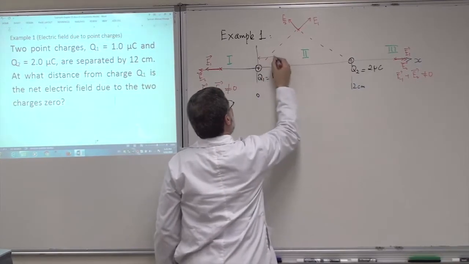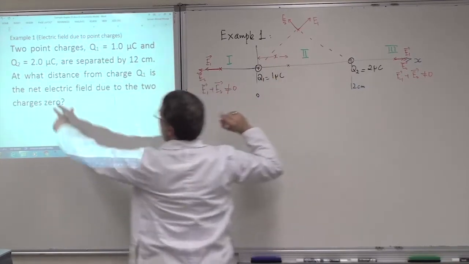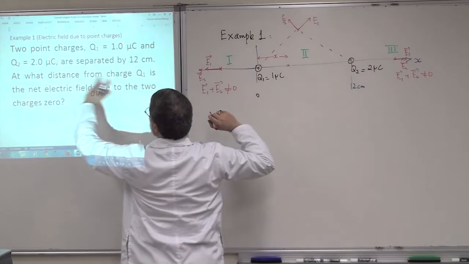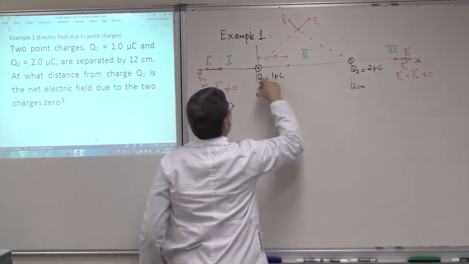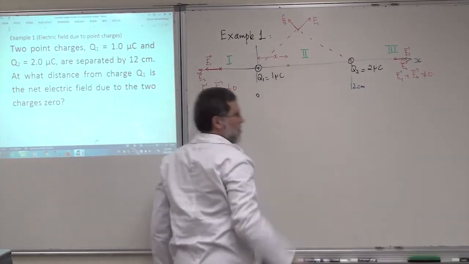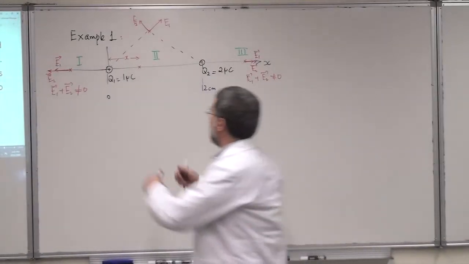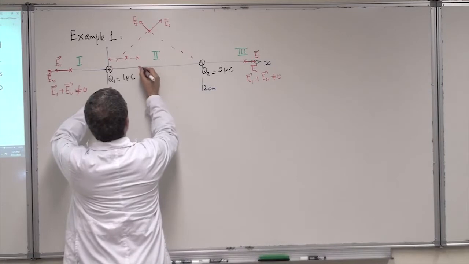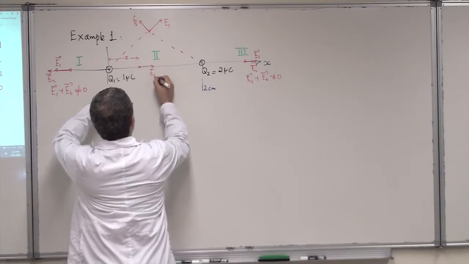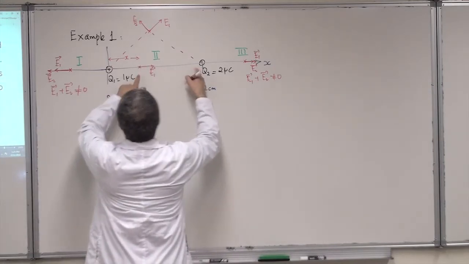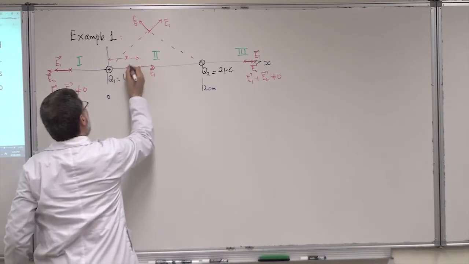I call this one X, because he wants at what distance from the charge Q1. This is the charge Q1, so I want this distance here X. Okay. So let's draw now the 2 vectors E1 and E2. So the positive charge here will have an electric field in this direction. I call it E1. And the positive charge here will have an electric field in this direction. I call it E2.